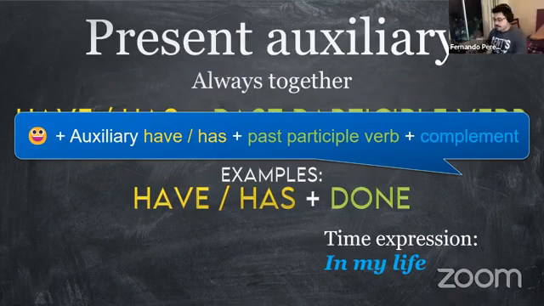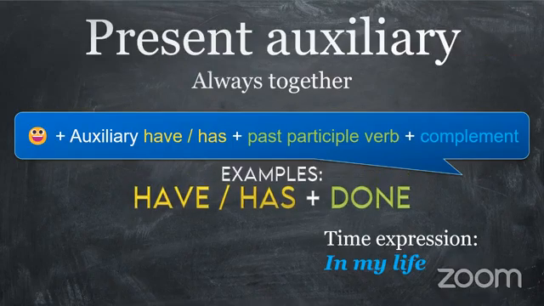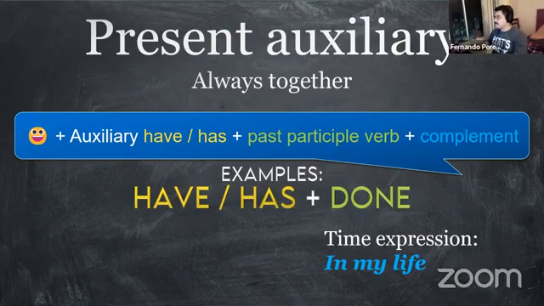Very good. I have studied English language many years in your life. In my life. Very good. That's a good example. Nice. Another. Isti, tell me something that you have done in your life.